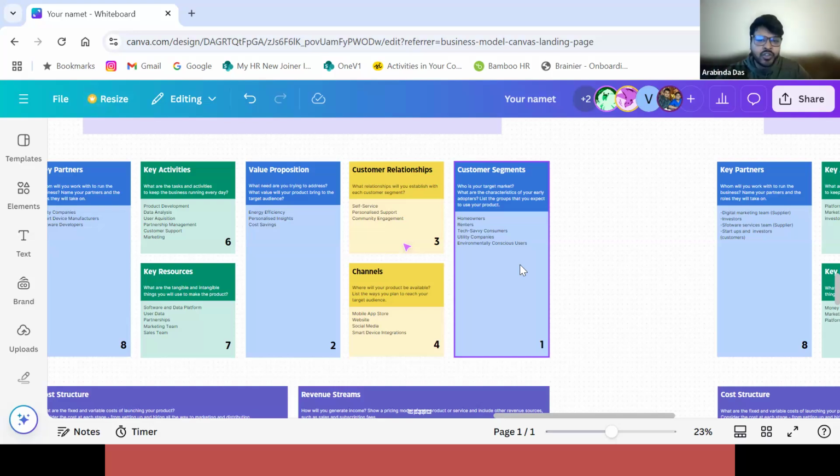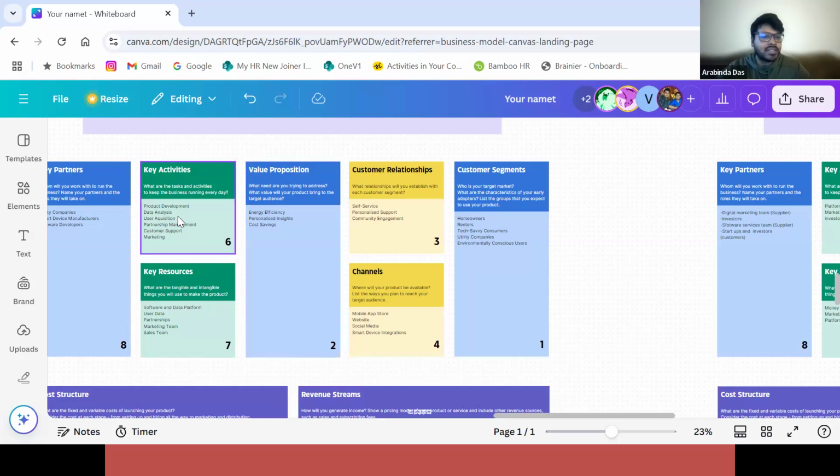Customer relationships are self-service, personalized support, and community engagement channels. The value proposition delivers energy efficiency, personalized insights, and cost savings.